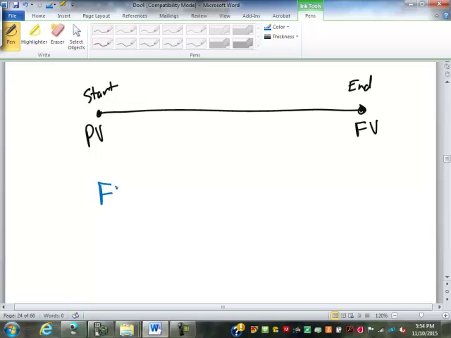The future value is equal to the present value times 1 plus my rate over x, where x is my number of periods in a year, to the power of t times x, where t is my number of years and x is my number of periods in a year. Now, a lot of times we're just going to combine this to be n, number of periods total.